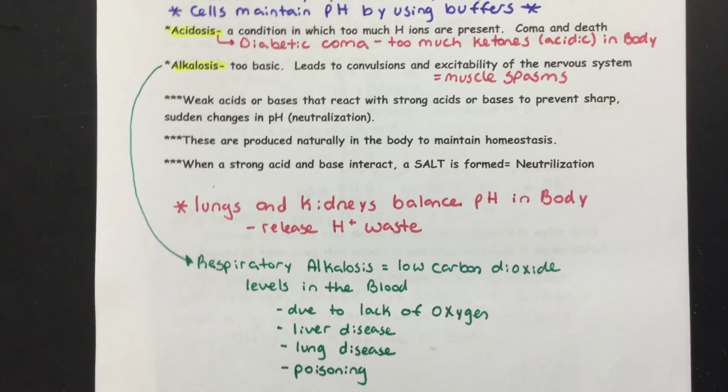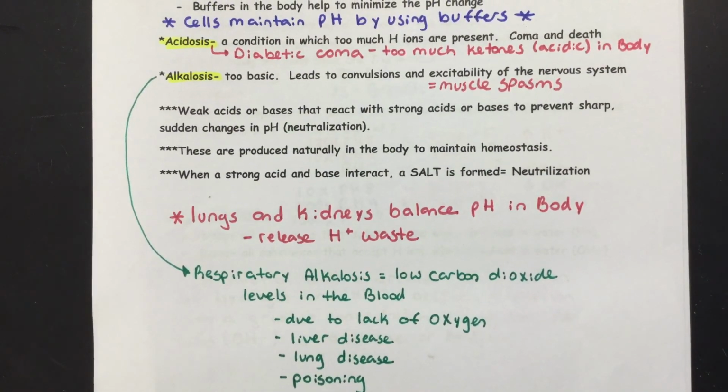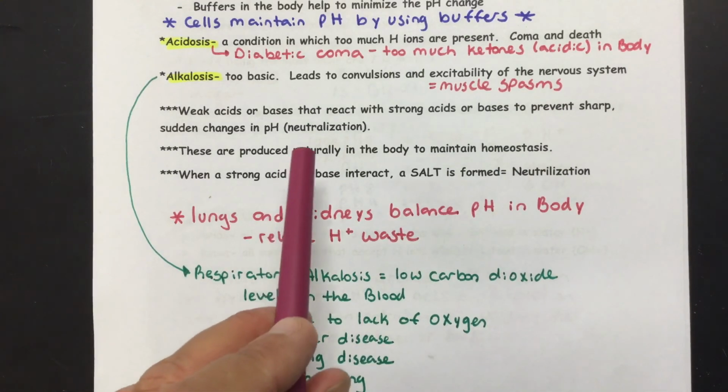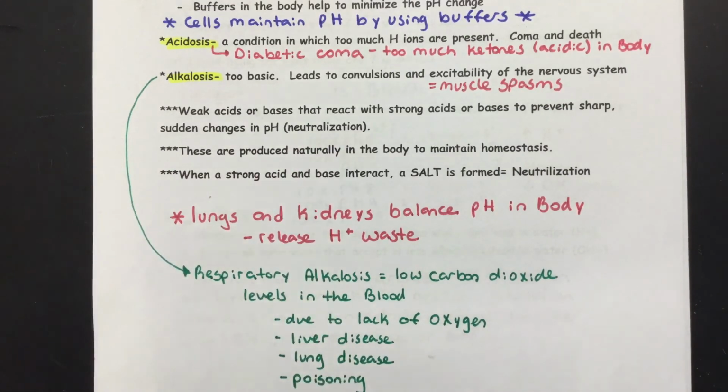So weak acids or bases that react to strong acids or bases prevent sudden changes. This is called a neutralization reaction. Go back to the Tums scenario I said with stomach ulcers. Your stomach is a pH of 2. It's a strong acid. I'm going to throw in a base. So if I mix a base with an acid, I'm helping to bring it closer to 7. I might not bring it exactly to 7, so neutralization doesn't mean that it has to be a pH of 7.